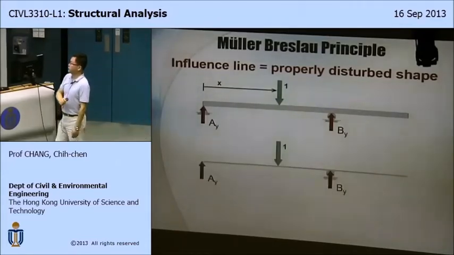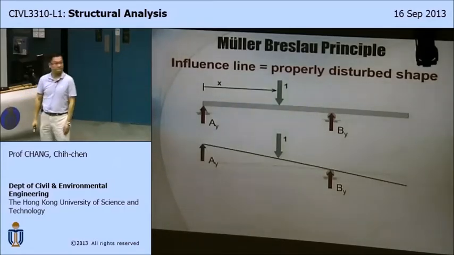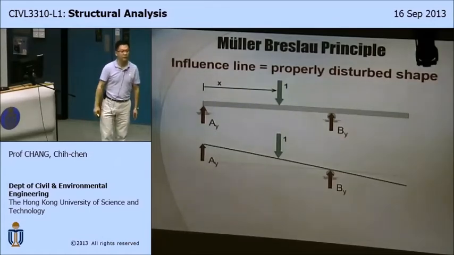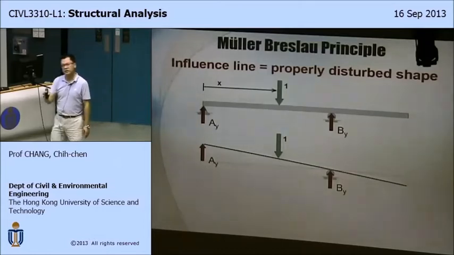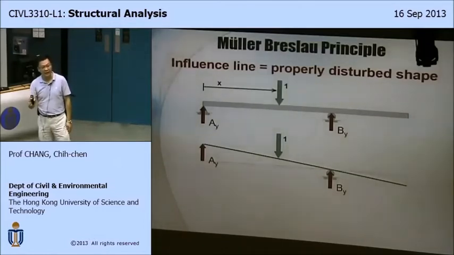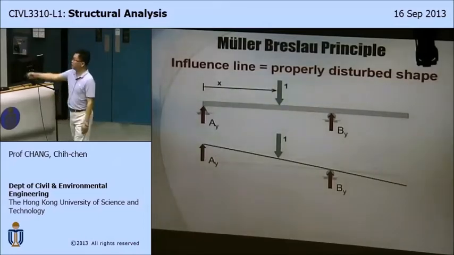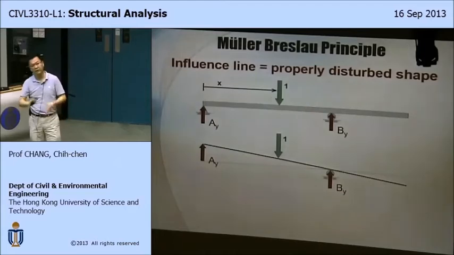So I disturb the structure in this way, and then calculate the virtual work. By the virtual work principle for a rigid body system, the virtual work created under such a deformation should be equal to 0. This is a virtual deformation, infinitely small.